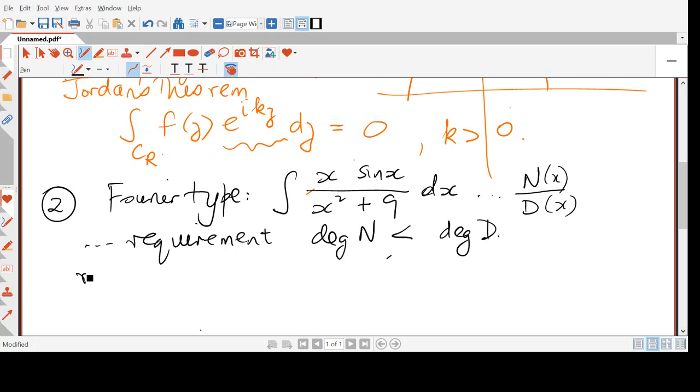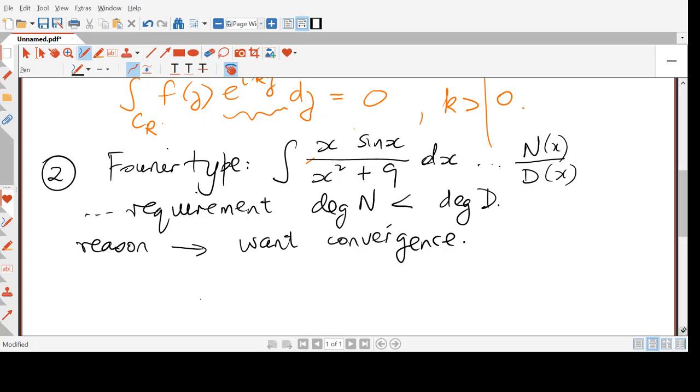Now, the reason for that is because you want convergence to take place. This allows us to interchange the integral with the imaginary part. When functions are convergent, then you may be able to change these two, and then you'll get away with the calculation.